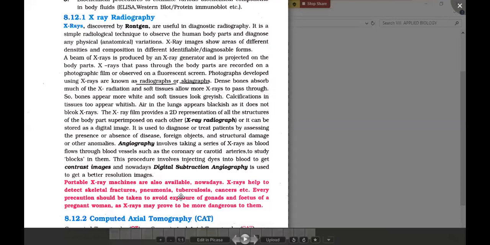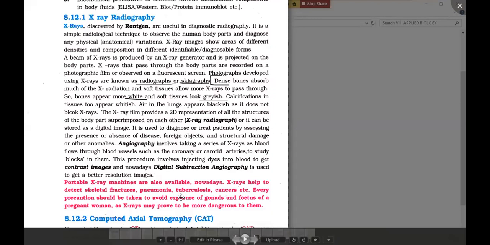So from here onwards, that much needs to be focused on. Dense bone absorbs much of the X-ray radiation, and soft tissues allow more X-rays to pass through. So bones appear white because they are absorbing, and soft tissues look grayish. The calcifications in tissues also appear whitish.